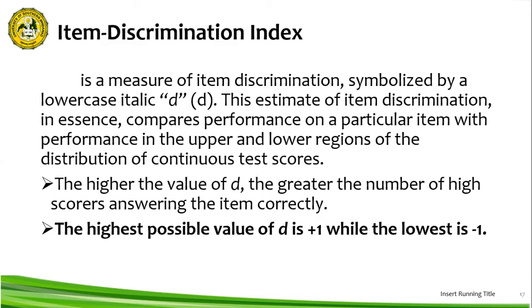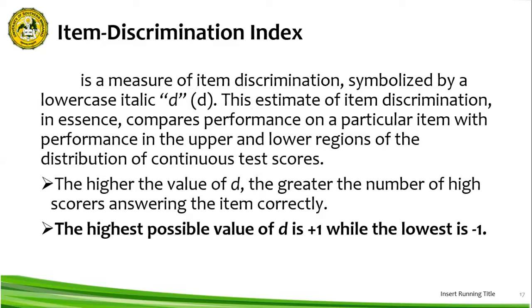So the final topic in my report is the item discrimination index. It is a measure of item discrimination symbolized by a lowercase italic d. This estimate of item discrimination in essence compares performance on a particular item with performance in the upper and lower regions of the distribution of continuous test scores.